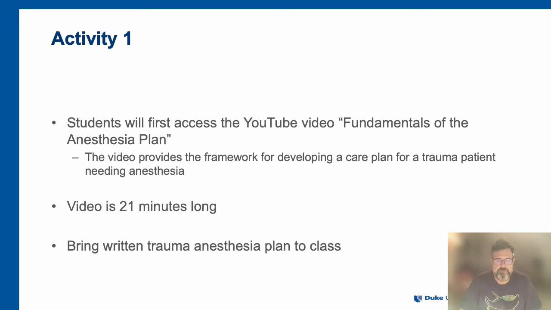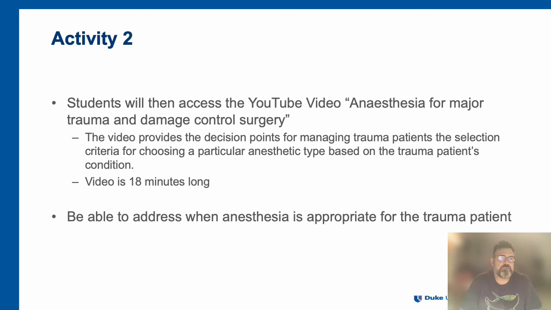Ultimately, we would like you to focus again on that triad of anesthesia, analgesia, and atonia. What you'll do is he'll go over the parameters for that. We would like you to bring that care plan to class. And that'll be one of your criteria for completing the prerequisites for this course.